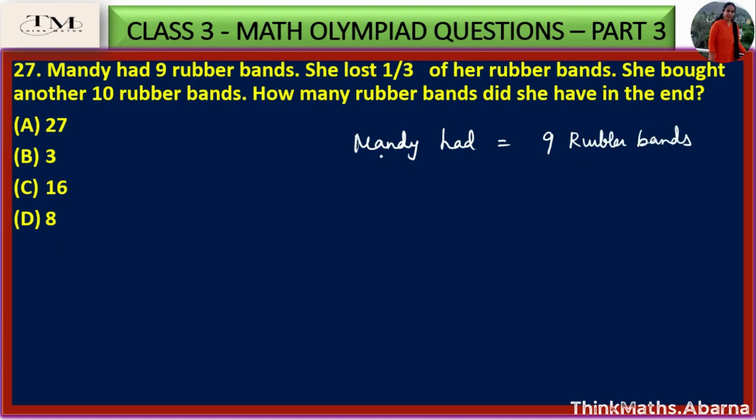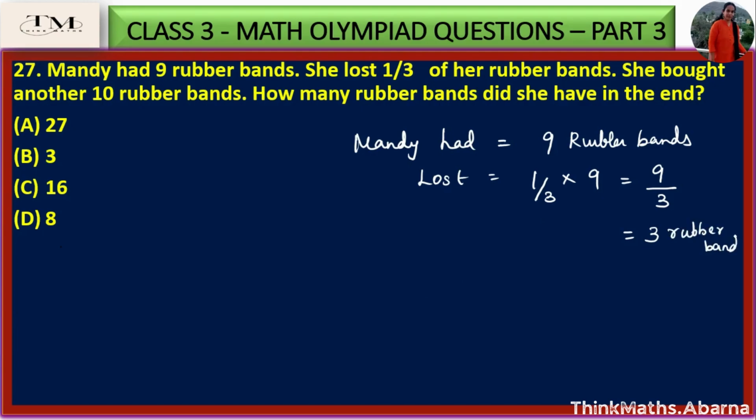What happened next? She lost 1/3 of her rubber bands. So 1 by 3 into 9. This is nothing but 1 into 9, 9 divided by 3. What is 9 by 3? How many times 3 is 9? 3 into 3 is 9. So the answer is 3. So how much did she lose? She lost 3 rubber bands.